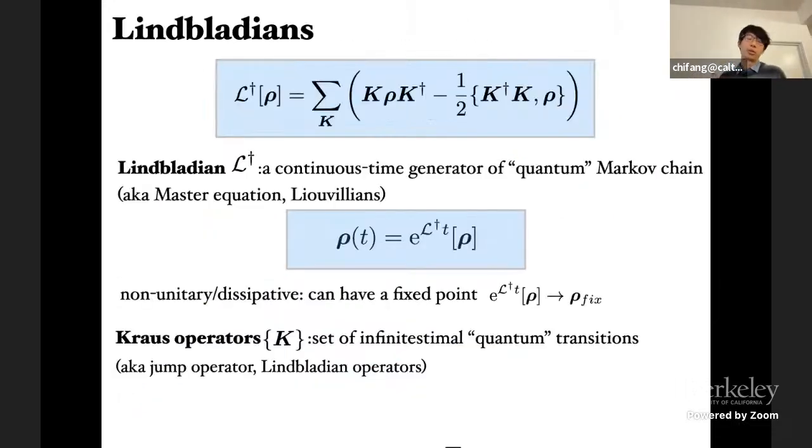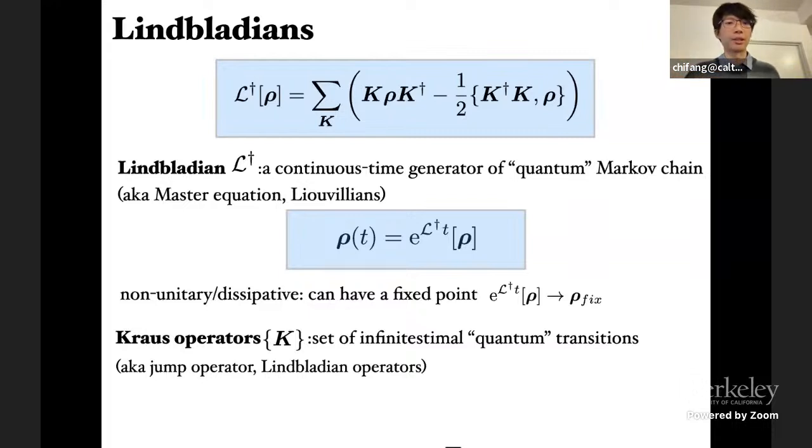To give a little bit more context, these so-called continuous-time random walks in the quantum world are called Lindbladians. It takes this general form. You can choose various kinds of operators K that would drive the infinitesimal quantum transitions of your system.